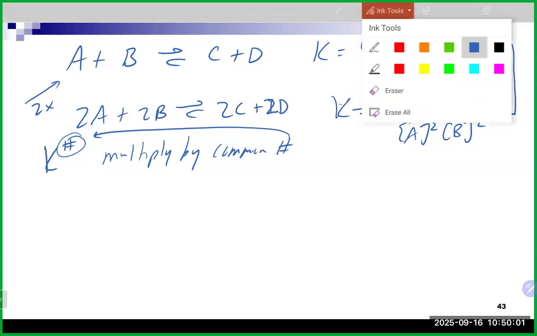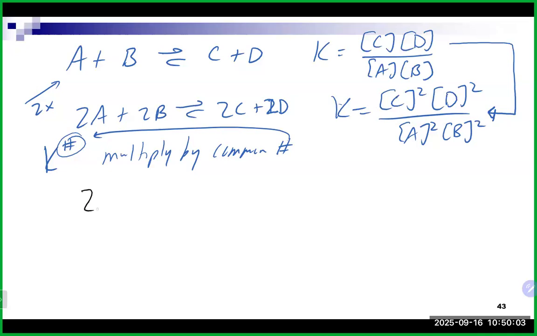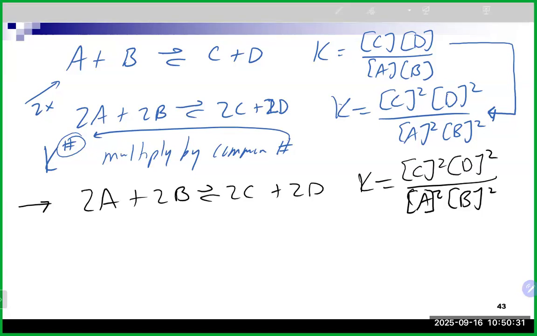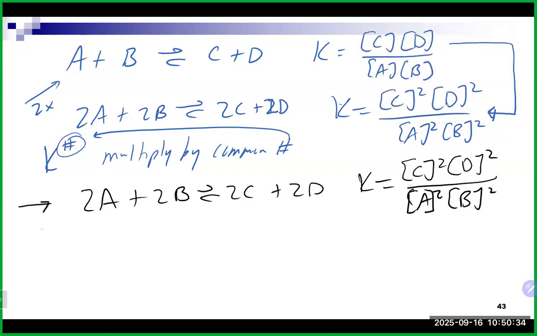Obviously, the last thing that you could do is, let's say we started with this reaction. Here, our K, like we see above, is C squared, D squared over A squared and B squared. But let's say in this case we started with this and we didn't need 2 of A, but we actually only needed 1 of A. We would need to divide by 2 all the way across.